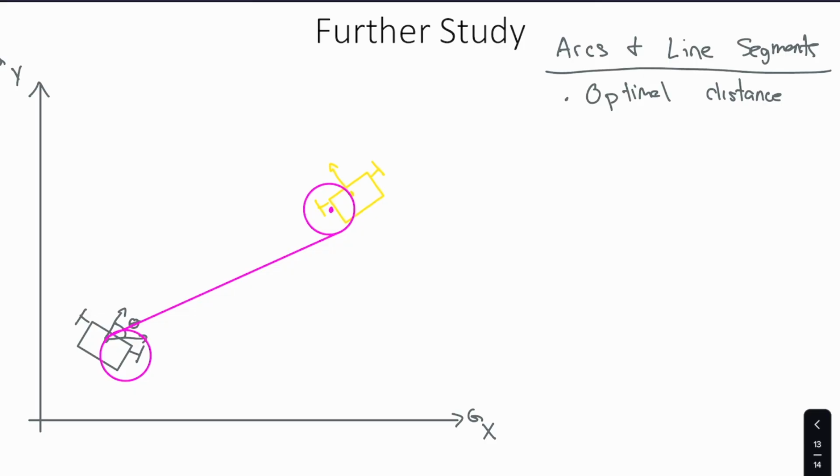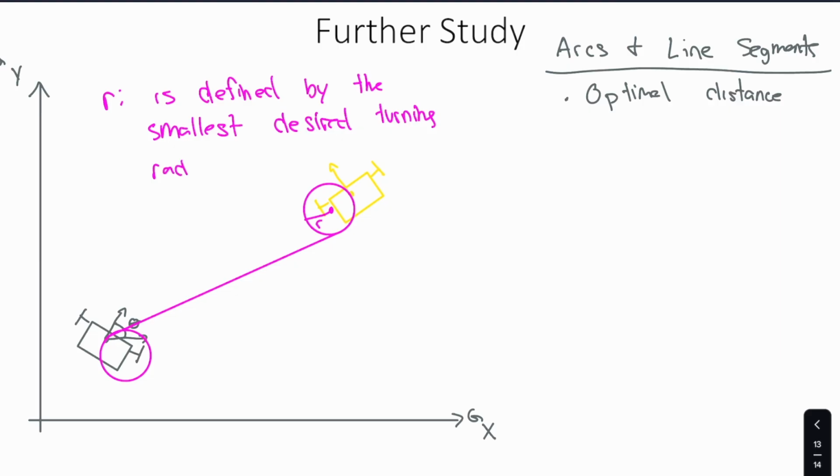The radius of these circles, I'll call R. R is defined by the minimum, or the smallest desired turning radius.